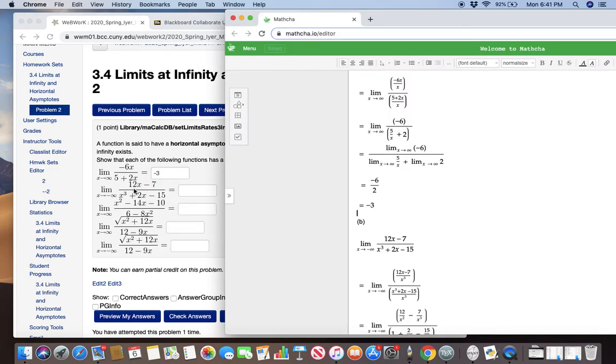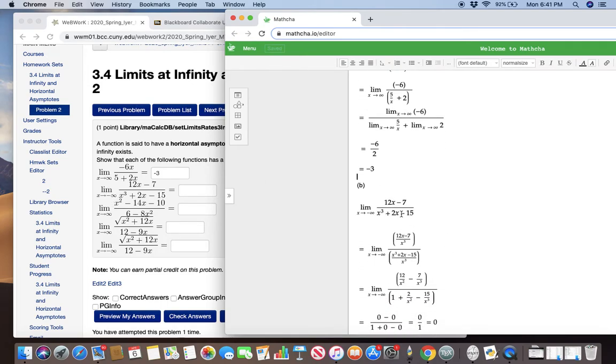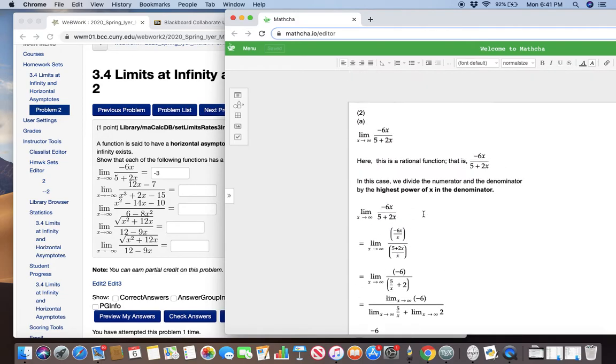Now the second question: 12x minus 7 over x cubed plus 2x minus 15, as x approaches negative infinity. Again, this is a polynomial over a polynomial, so it is a rational function.